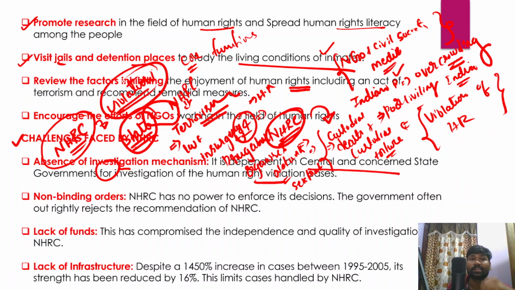It has certain limitations, because the concerned state and central government officers would be biased towards the government whenever they are conducting any investigation or inquiry into such matters. Therefore, the absence of a separate and independent investigation mechanism for the NHRC is also a major problem that it has been facing.